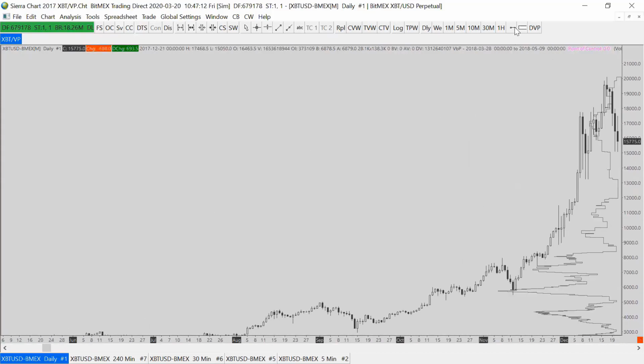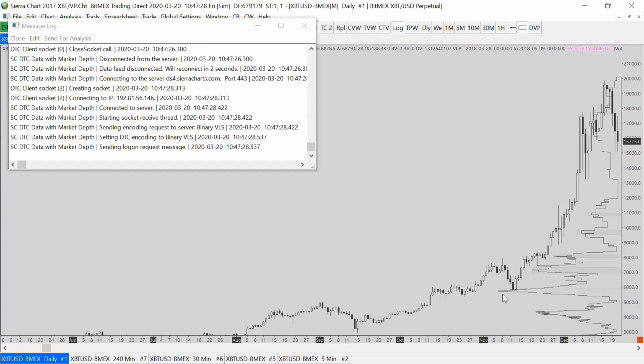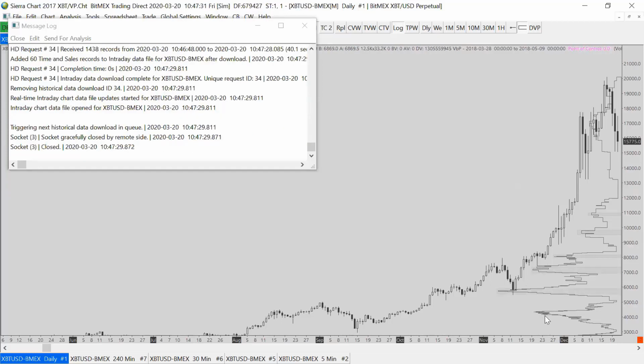So if I just mark out all of the high volume nodes on this run up, there's one kind of there, there, one in there, in there, in here, down in here.